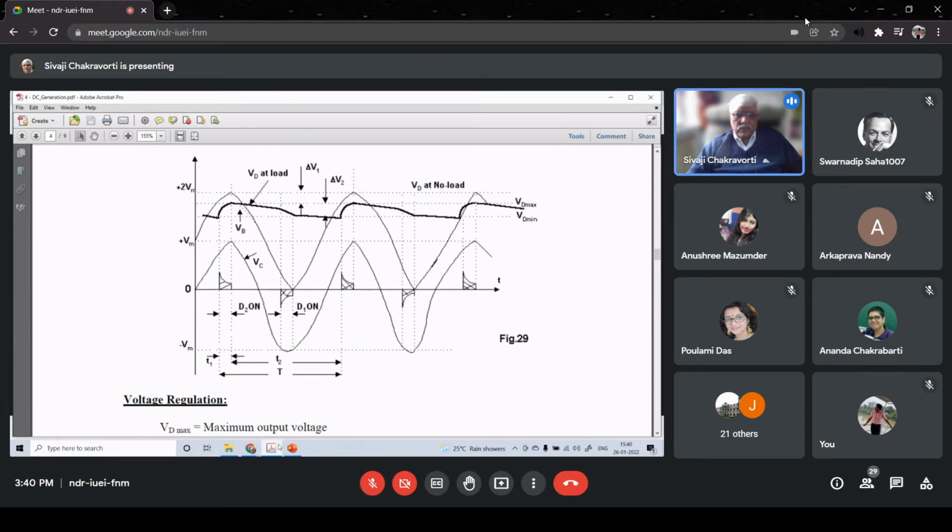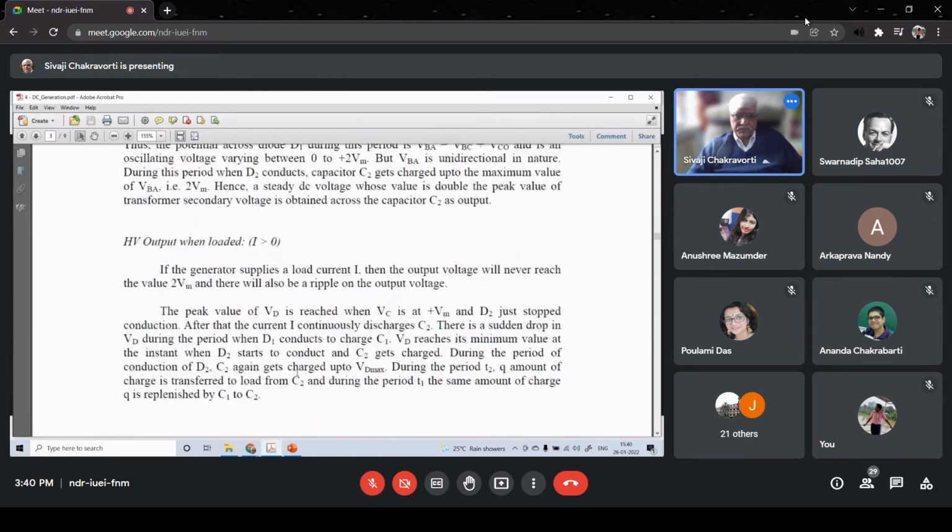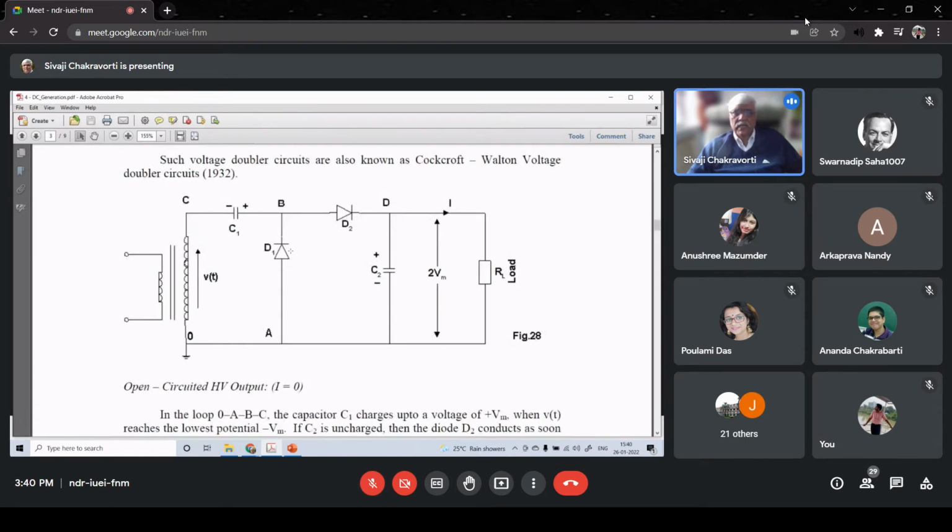See what is happening to D1. What happens is, when D2 is reverse biased, C2 is discharging through RL. The point is, this RL being 100 mega ohm, and D2 being reverse biased but still having some resistance in its reverse biased condition, C1 is finding another path through D2 and RL.